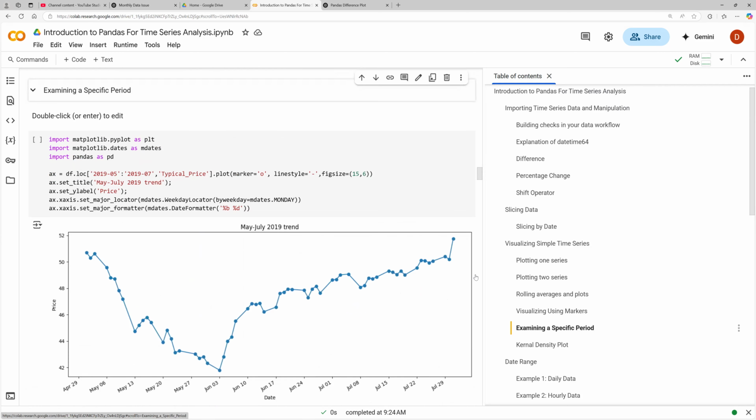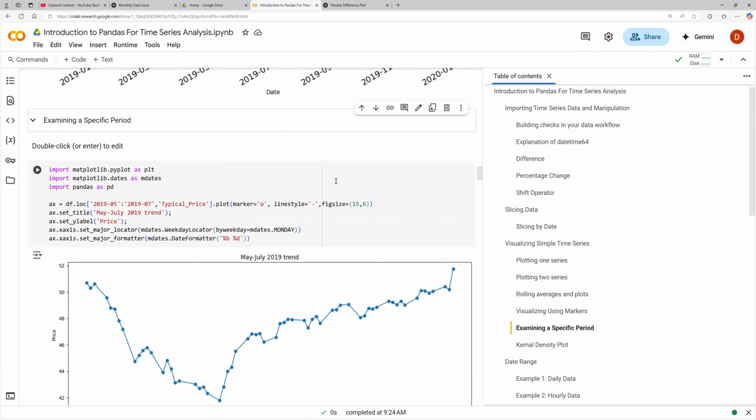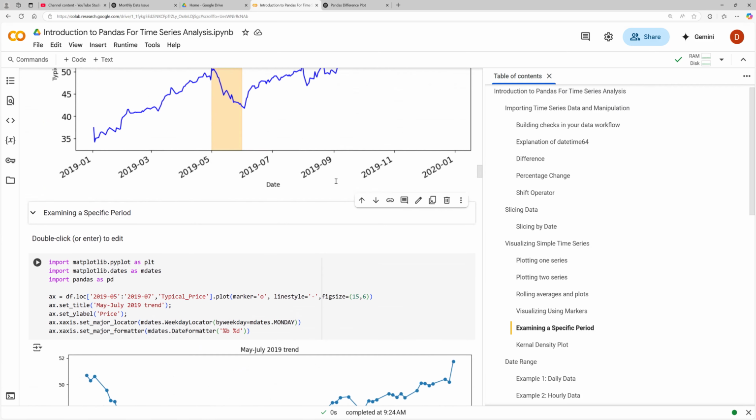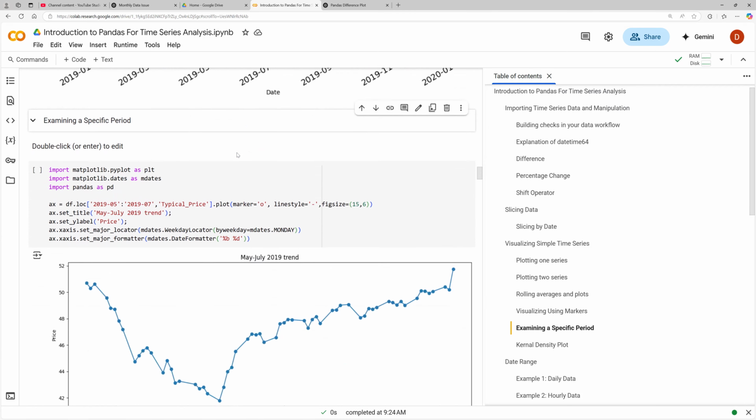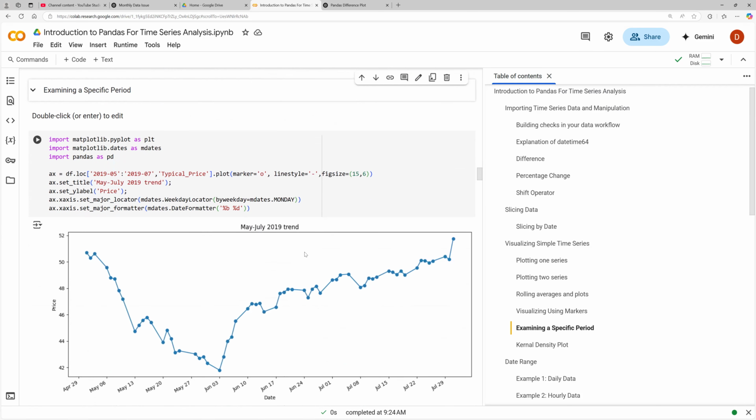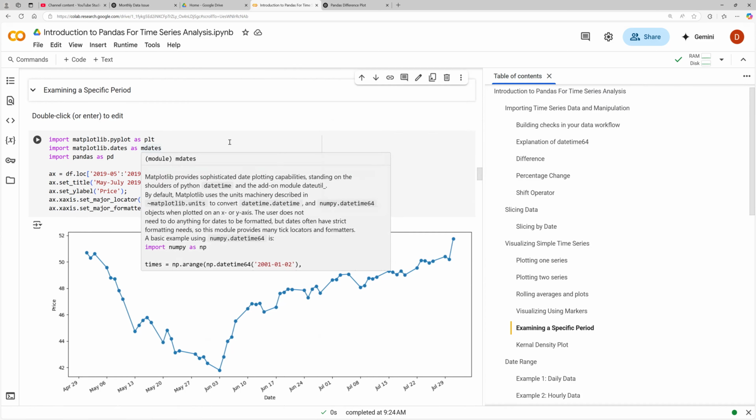We could also examine a specific period. Say we were interested in this period and wanted to zoom in on it, we could do something like this. The major thing here is this matplotlib dates, mdates.